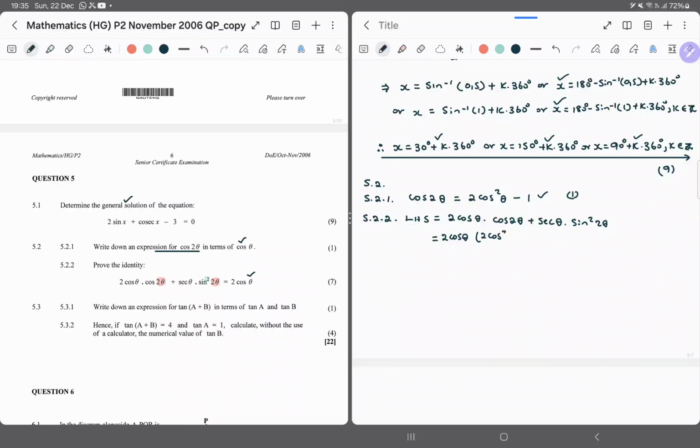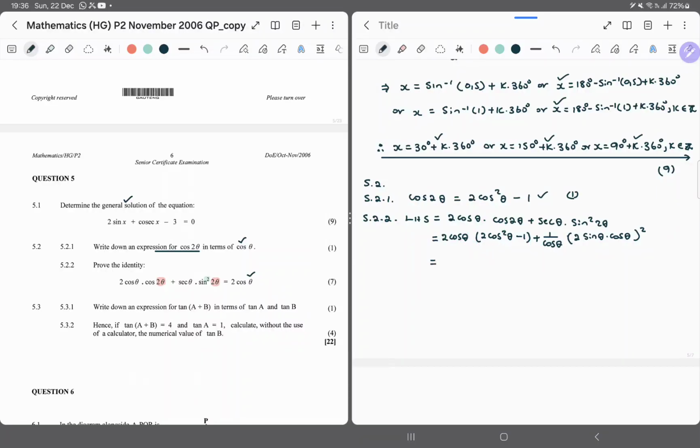If we are told to do that, it means it's a clue. We need to use that. Plus, now sec is 1 over cos using our identities, times, now this one, sine 2 theta is going to be 2 sine theta cos theta all squared. That is essentially how we handle this business nicely.